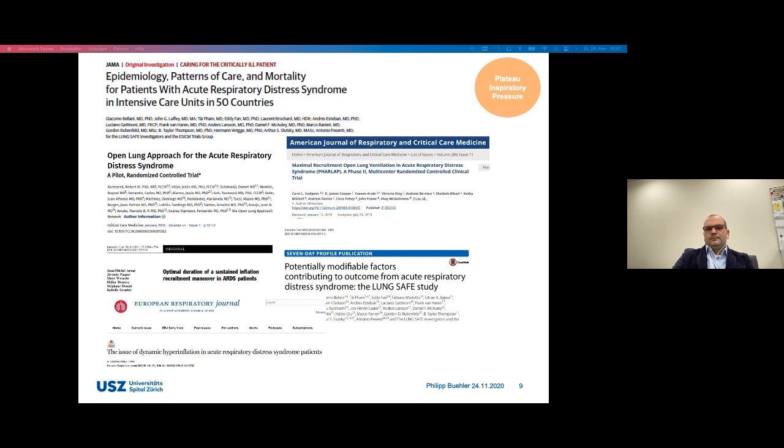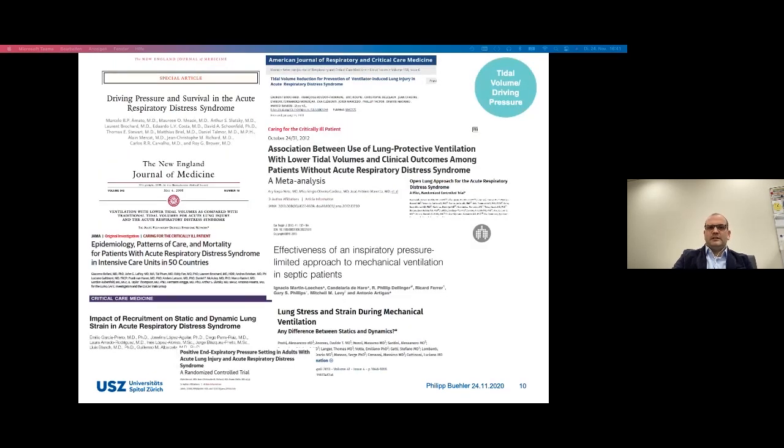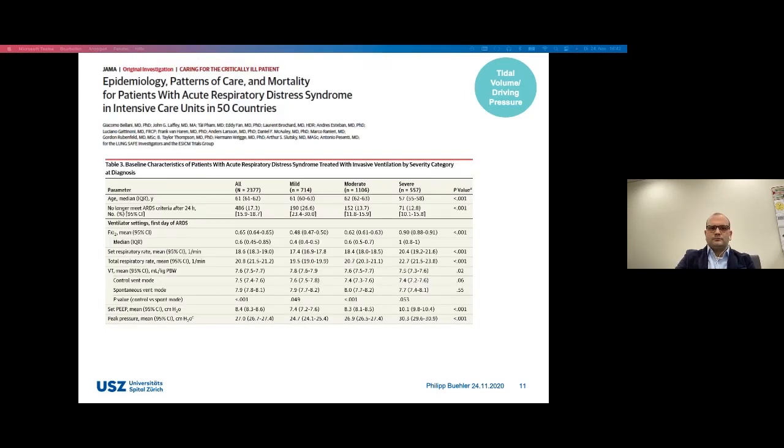If possible, measurement is by inspiratory hold. We predominantly used Intellivent-ASV in all COVID-19 patients and achieved a tidal volume of around 7 milliliters per kilogram ideal body weight.